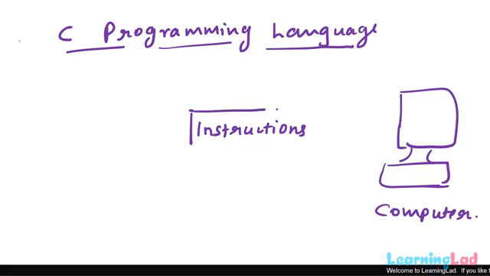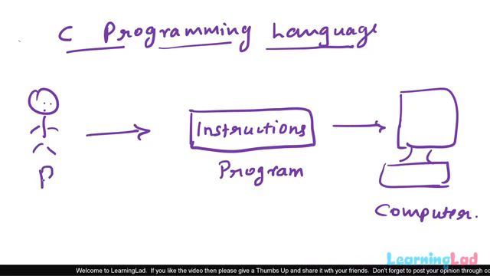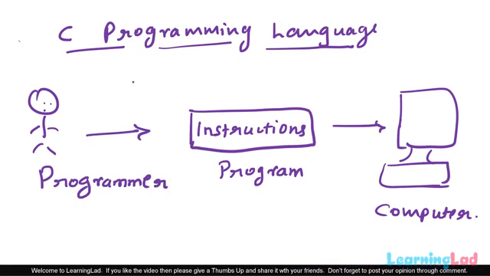These instructions, which are given to the computer to get a particular job done, are called the program. The person who writes these instructions is called the programmer, and the language in which these instructions or programs are written is called the programming language.